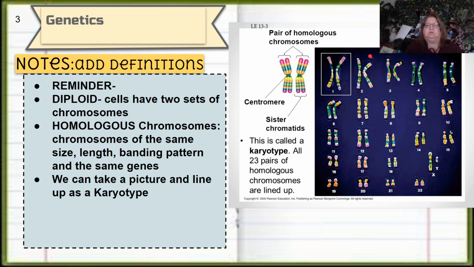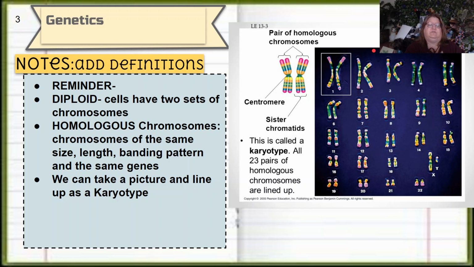So chromosome 2 would have the same genes on the one on the left and the one on the right. Now, they can have different variations. So, for instance, for the gene for hair color, you might have on one homologous chromosome the gene for brown hair, and on the other chromosome the gene might be black hair.